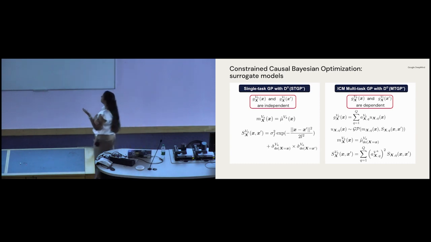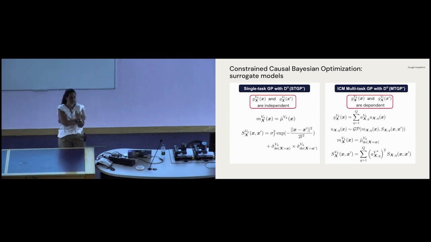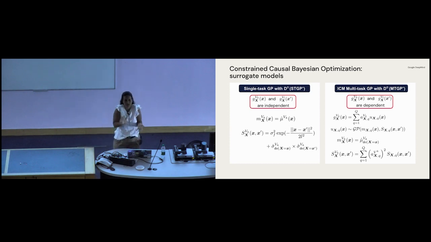Otherwise, what we can do is a multitask model, which is an intrinsic coregionalization model for those that are familiar. We assume that there is a set of latent functions, there are Q latent functions, and the linear combination of these latent functions gives you all of these target and constraint effects. And then we again incorporate the observational data in the mean function.